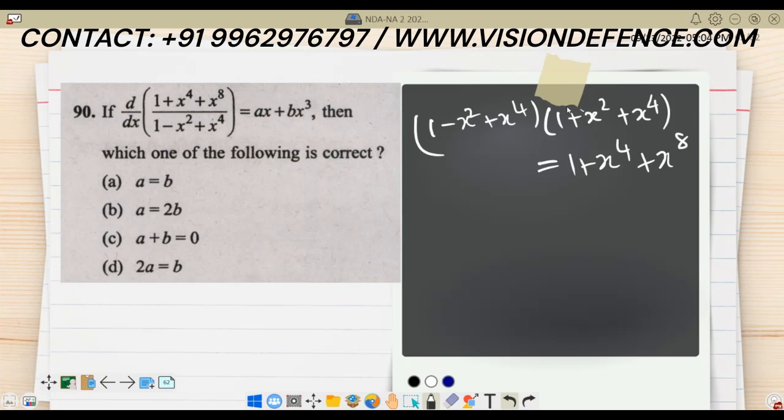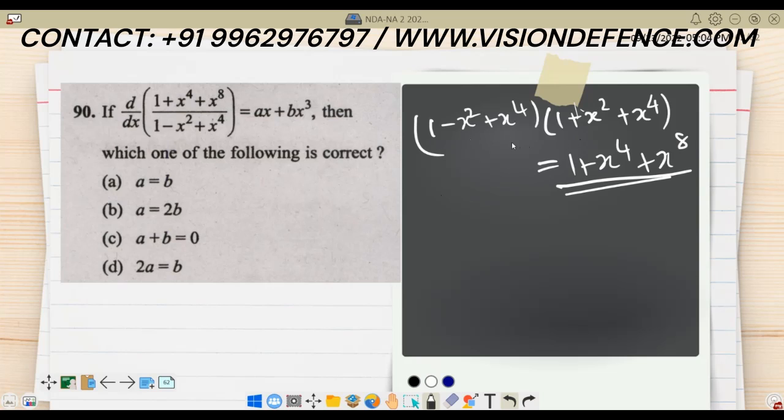Because see, 1 and then a bunch of things will get cancelled. You have a plus x power 4, you have a minus x power 4, you'll have an x power 8, right? And you'll have a x power 4 again in this, that's going to remain here. And then you're going to have a minus x power 6 and plus x power 6, all the things will get cancelled, and you'll be remaining with this.